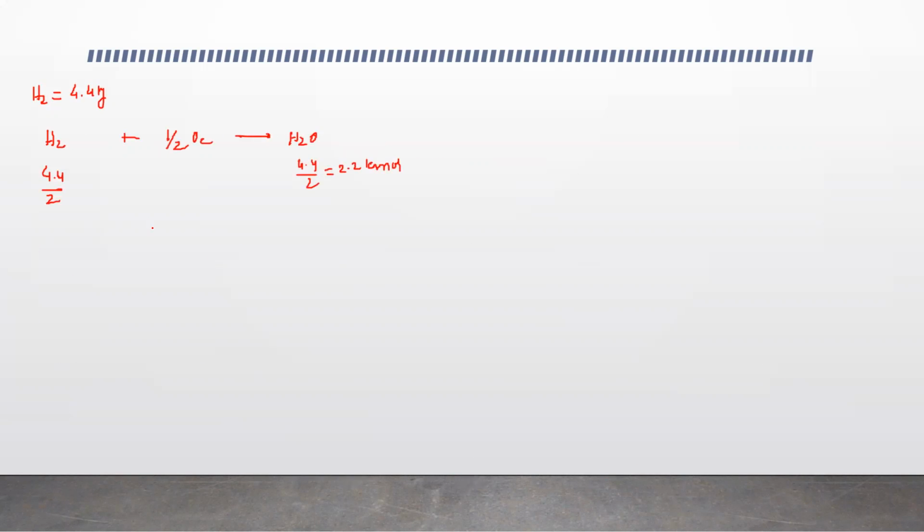So water present in the feed is equal to 12.9 upon 18 kilomole. So the total water that we'll get in the flue gas is going to be 2.2 plus 12.9 by 18.